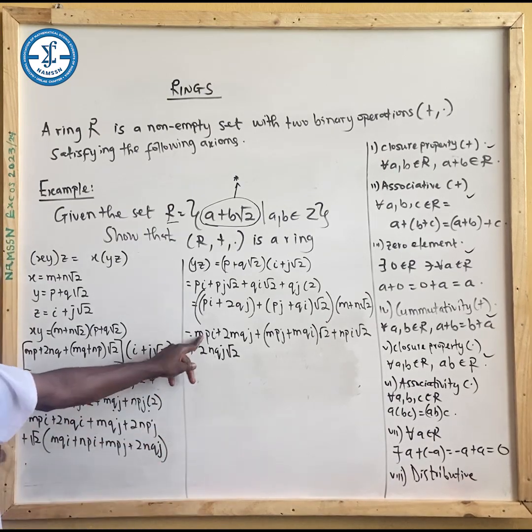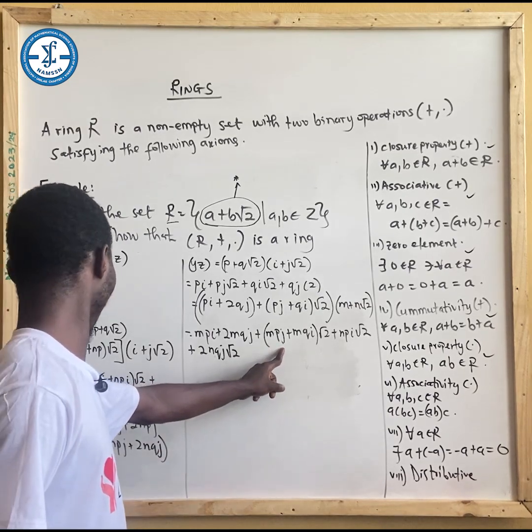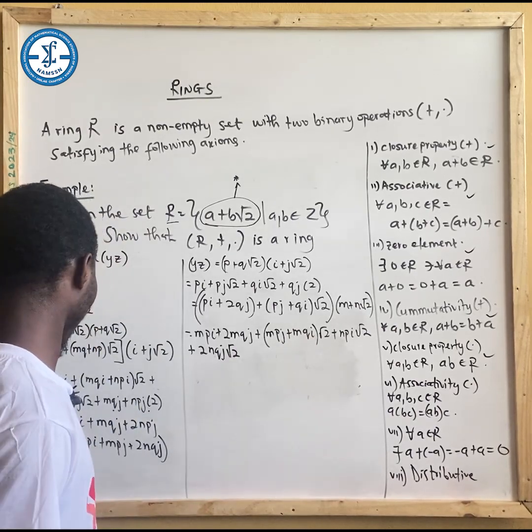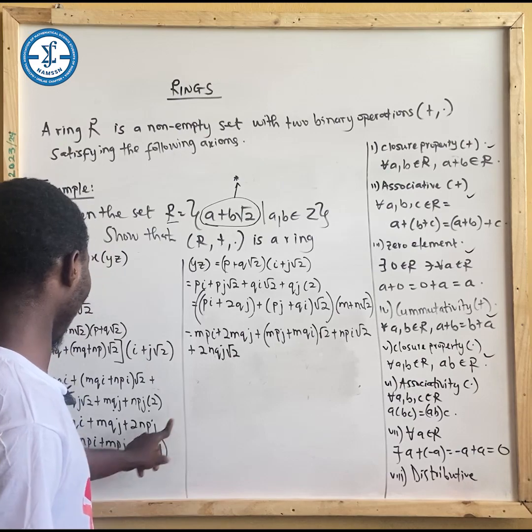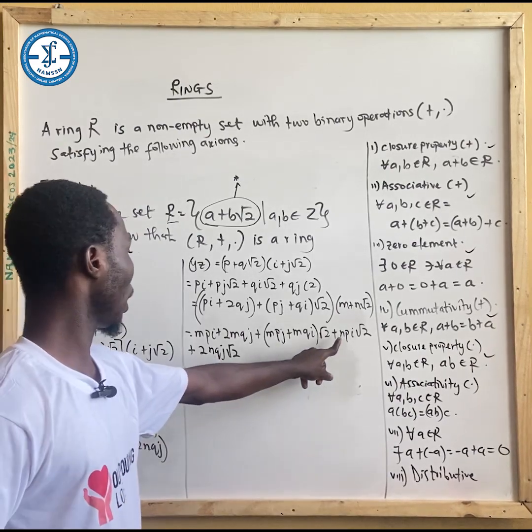I'm seeing mpi, I'm seeing mpj, mqi, mpj, mqi, I'm seeing 2nqj, I'm seeing mpi.